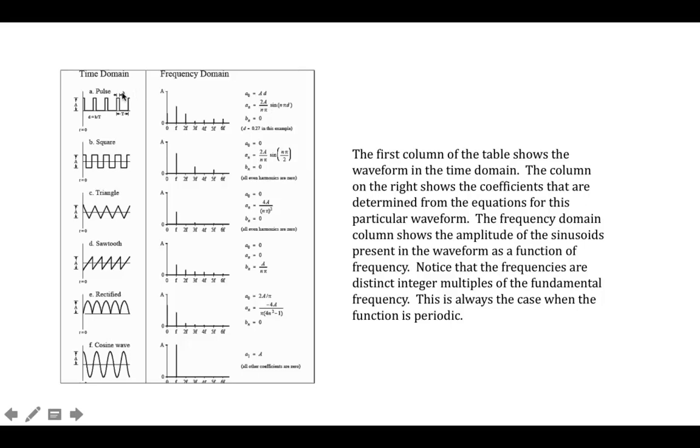And then D is k over T. So they put these in terms of D. So your DC term would be whatever your amplitude is times this parameter D, which is the pulse width over the period. And then your first term would be 2A over pi times the sine of pi D. And then the second term would be 2A over 2 pi, and so on. And you notice all the terms are present here.